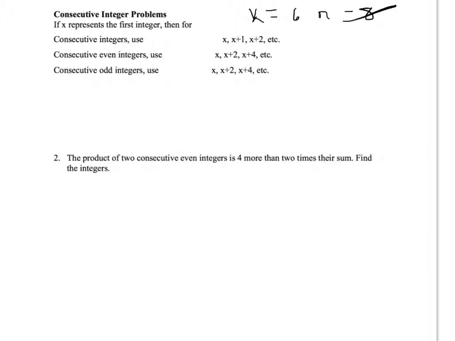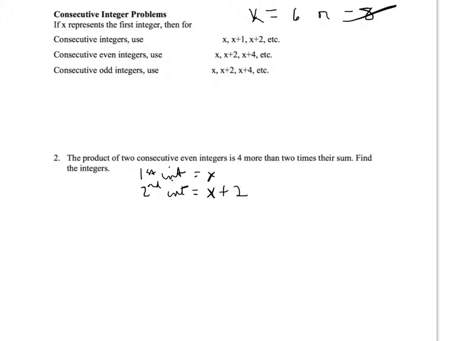Now, I can't draw a picture on this, but I do recognize what it's asking me to find. It says find the integers, and if I go back to the first sentence, I'm looking for two consecutive even integers. So my first integer, I'll define to be x. My second integer, since they're consecutive even, remember I've got to skip over a number, so it's going to be x plus 2.